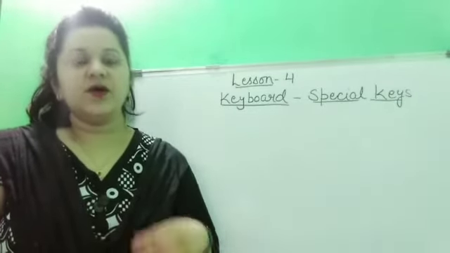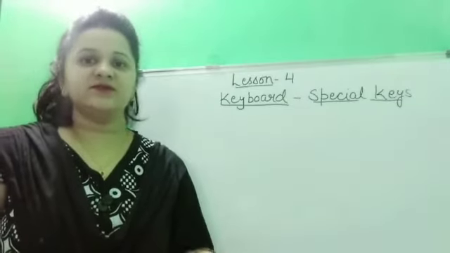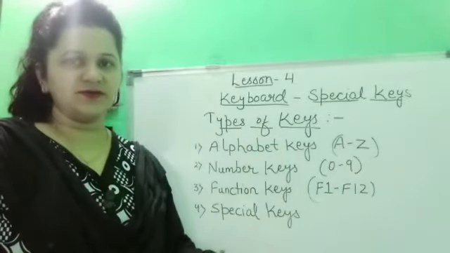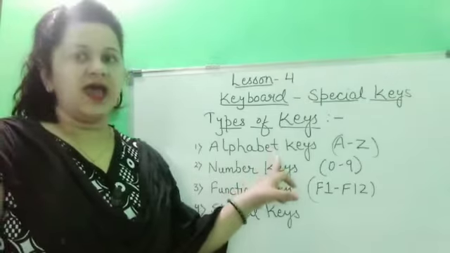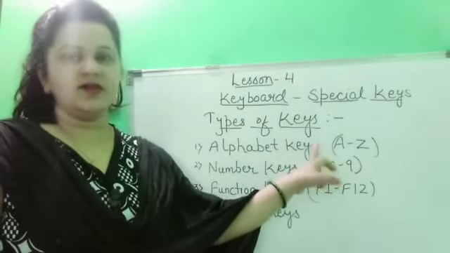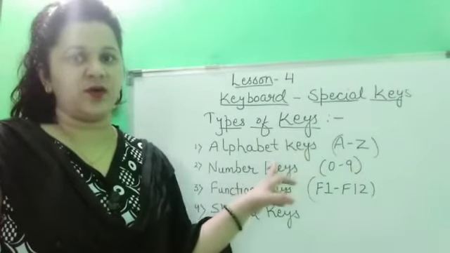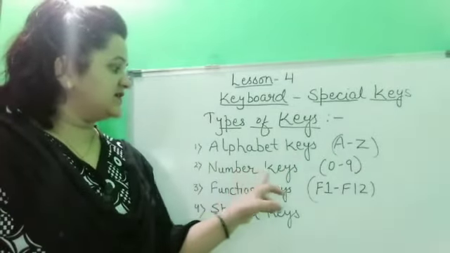Okay, so in this chapter we'll be going to discuss the different types of keys which are present on a keyboard. The first one is alphabet keys. The keys on which the letters A to Z are written are called alphabet keys. Next is number keys.